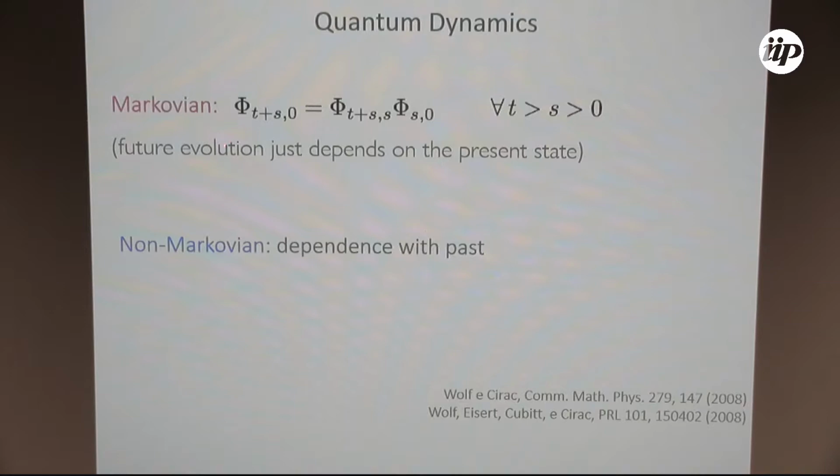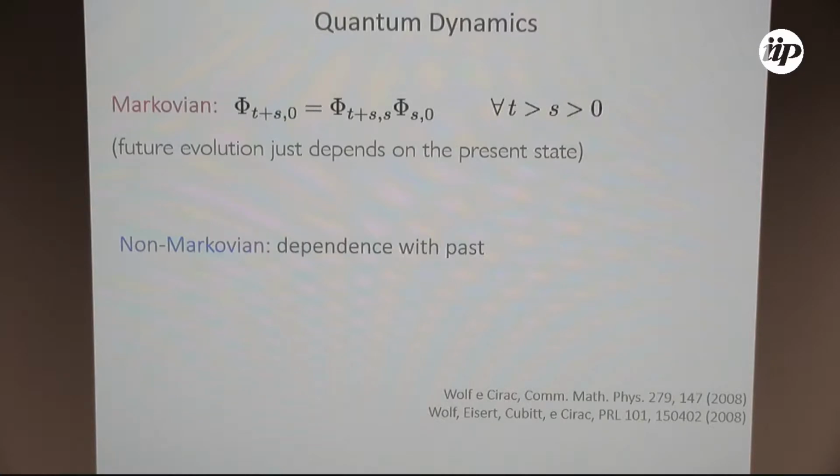So then we will define Markovian or non-Markovian in the same way, inspired by the same idea. But I will be looking at the maps. And I will say then that the dynamics is Markovian if the map is divisible into other maps, like one that is taking the state from time 0 to time s, and then from time s to time t plus s, which means that if I know the state at time s, then I can say what will be the state at time t plus s.